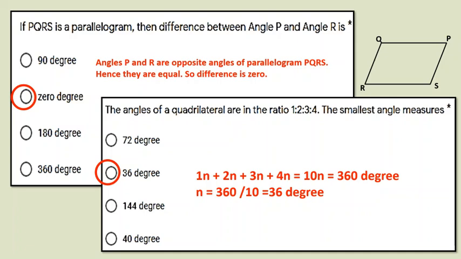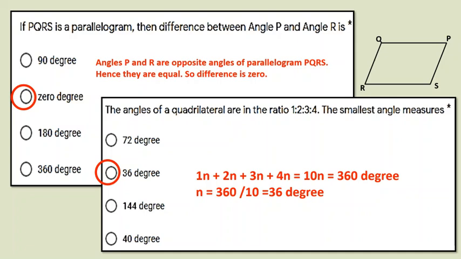Next, the angles of the quadrilateral are given as 1 is to 2 is to 3 is to 4. How do you find it? Use algebra: 1x plus 2x plus 3x plus 4x. Each angle you take like that. Add it. So it will be 10x or 10n, whatever variable you can take.